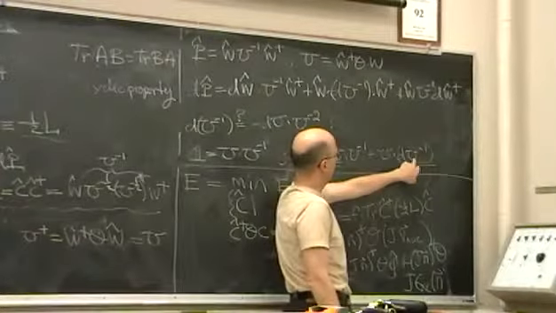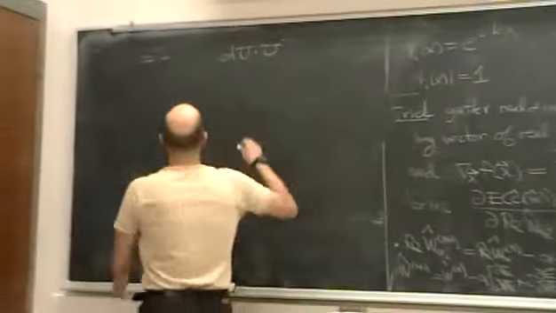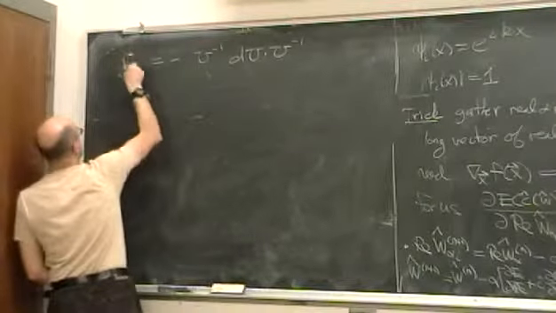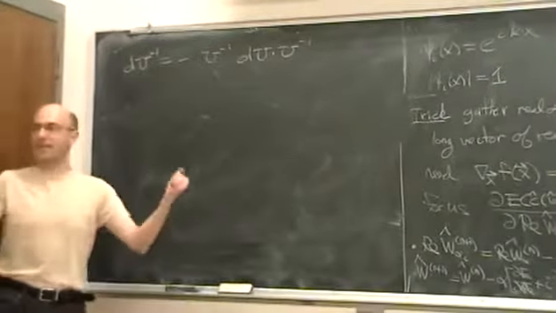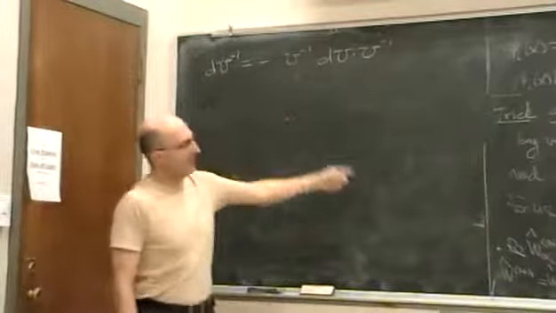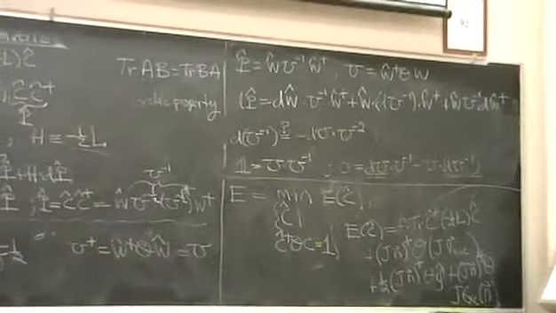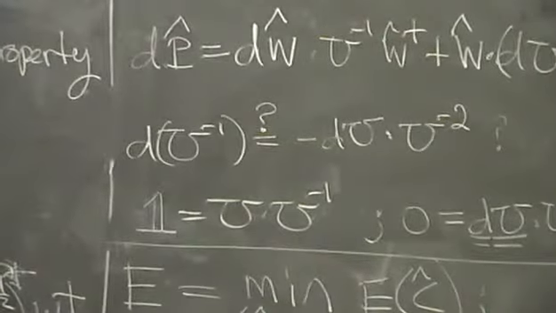And then to get dU inverse, I just pre-multiply by U inverse. Yeah, and I buy that, right? That's clearly what we had over there was clearly a special case of this. And since this was a nice symmetric expression, this is nice and symmetric too. So I'm pretty happy with that.